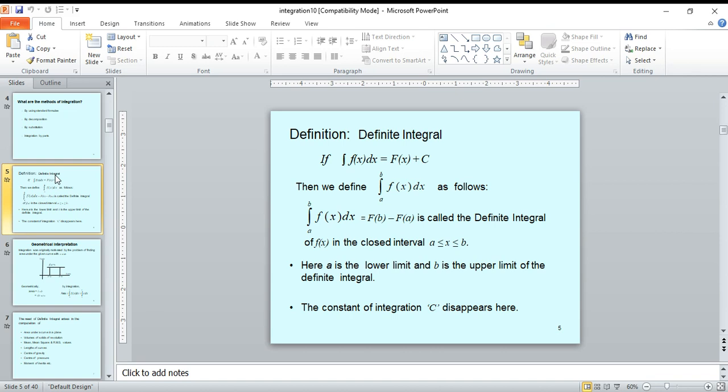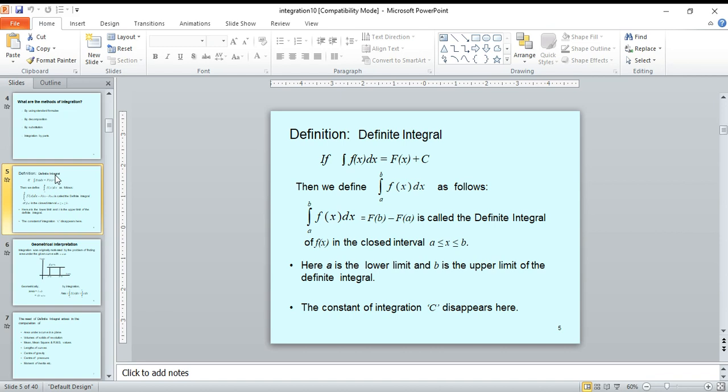Here a is the lower limit and b is the upper limit of the definite integral.